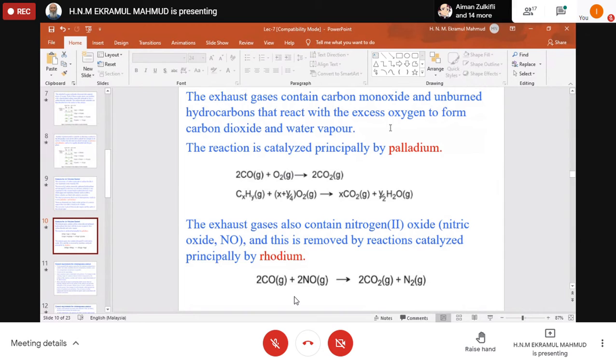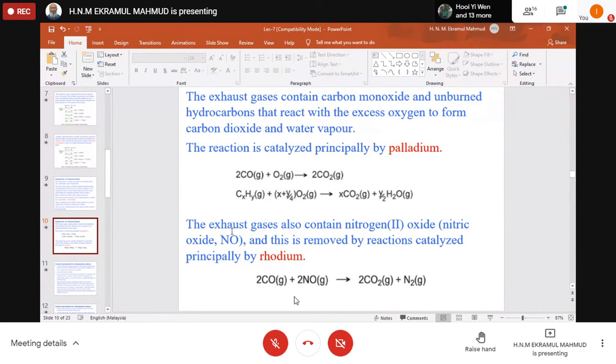This reaction is catalyzed principally by palladium.